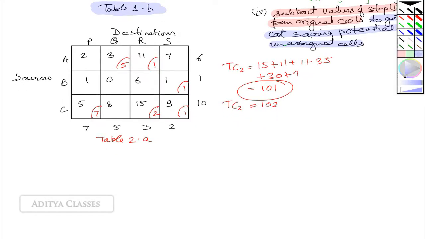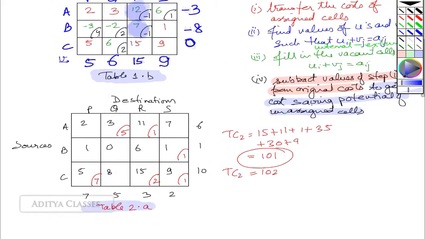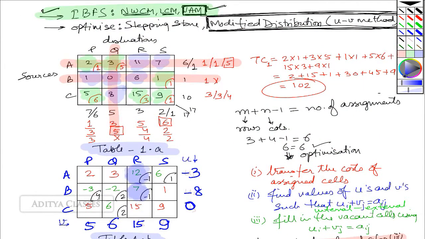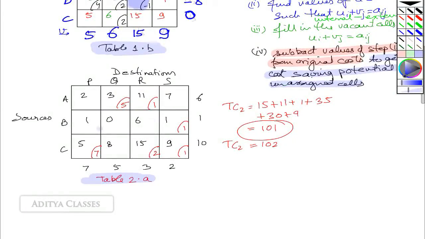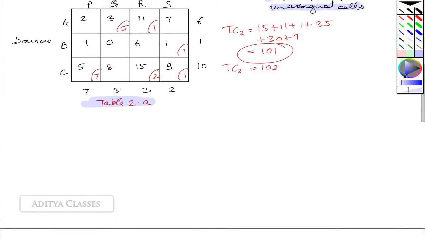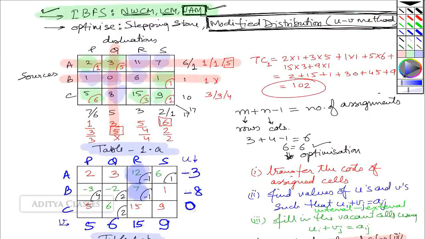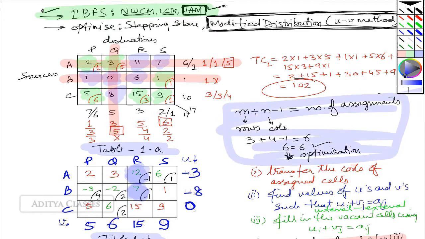Now let me mark it as table 2. How we proceed? We have a table, original table, original assignment table, then we have a check table. We again have an original assignment table, then we'll have a check table. Let us make that check table. Now before moving ahead, we had to make a check of this condition.